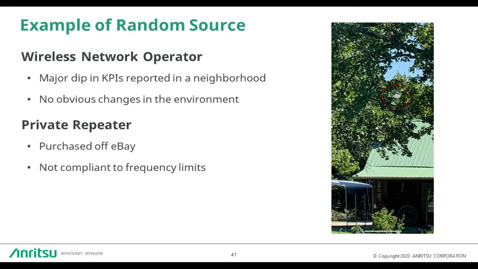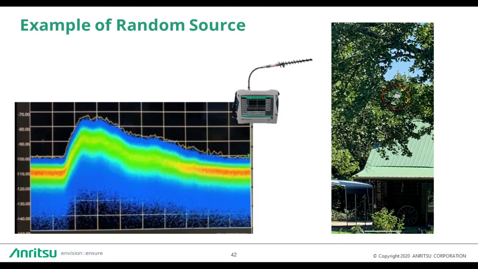And so the uplink from one signal was interfering into the downlink of another and causing problems. And so using the RTSA, you see here that this was by hunting that down and looking at the power. With a regular spectrum analyzer, that wasn't possible because the signal was moving too much and the power levels weren't searchable. With an RTSA, they used a directional antenna, found the source, and were able to shut it down.